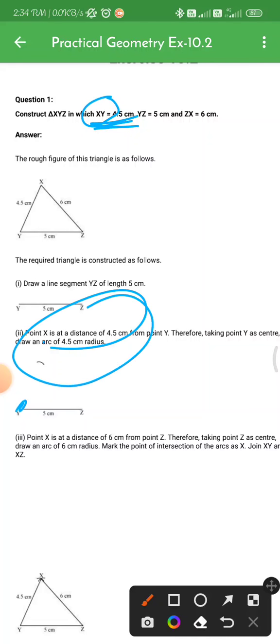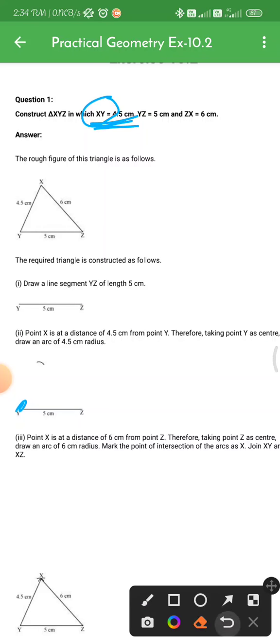So from Y draw an arc of radius XY equal to 4.5 centimeter, which is given here. Here is the arc which is cut, you can see with the black mark.